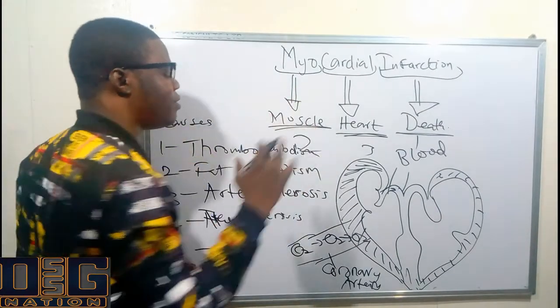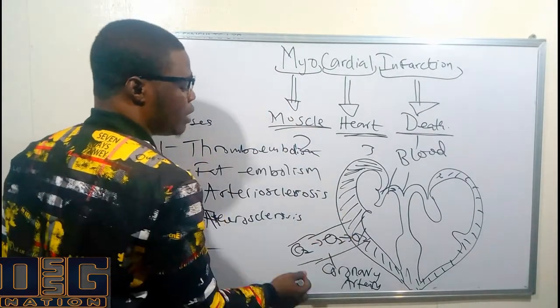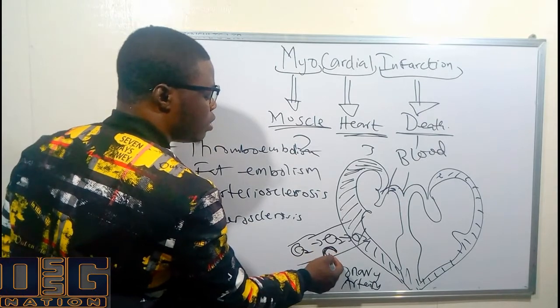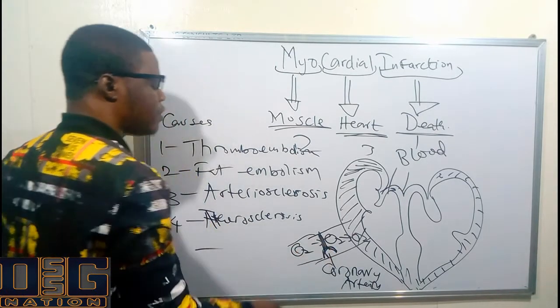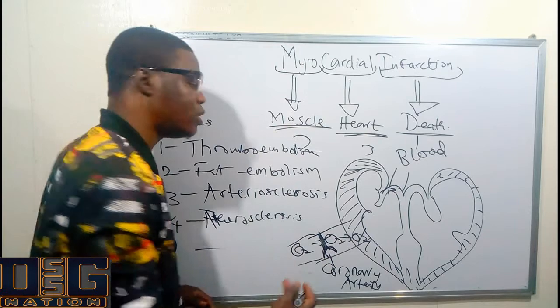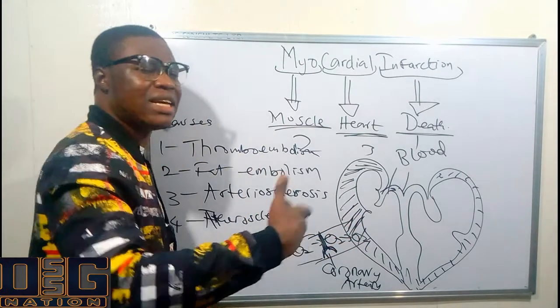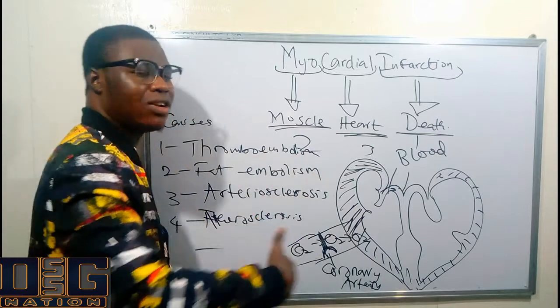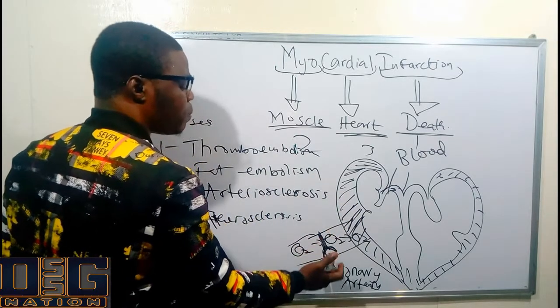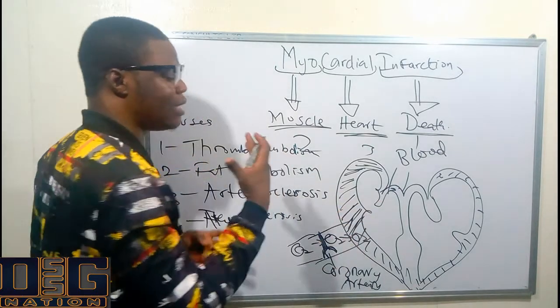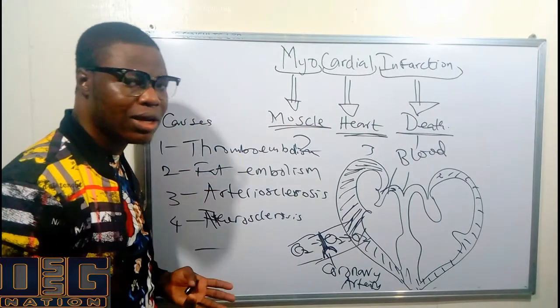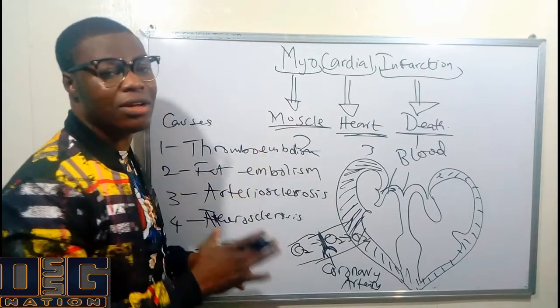Now, in myocardial infarction, this coronary artery is occluded either partially or totally. If it is occluded, there is going to be starvation of the cells, so the cells are going to become ischemic and cyanotic. The lack of blood supply to the muscle tissue will make them ischemic and they are going to die. And that is what is happening in myocardial infarction.